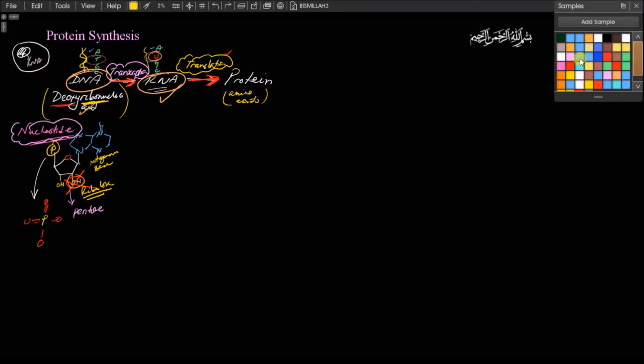So the basic structure of an amino acid, all amino acids must have this. They must have a nitrogen and a carbon like this, in this order: nitrogen, carbon, carbon. Any molecule that does not have this can't be an amino acid. So if it's like this, that's not an amino acid for sure, right? Or if it's carbon, nitrogen, carbon in that order, that's not an amino acid.